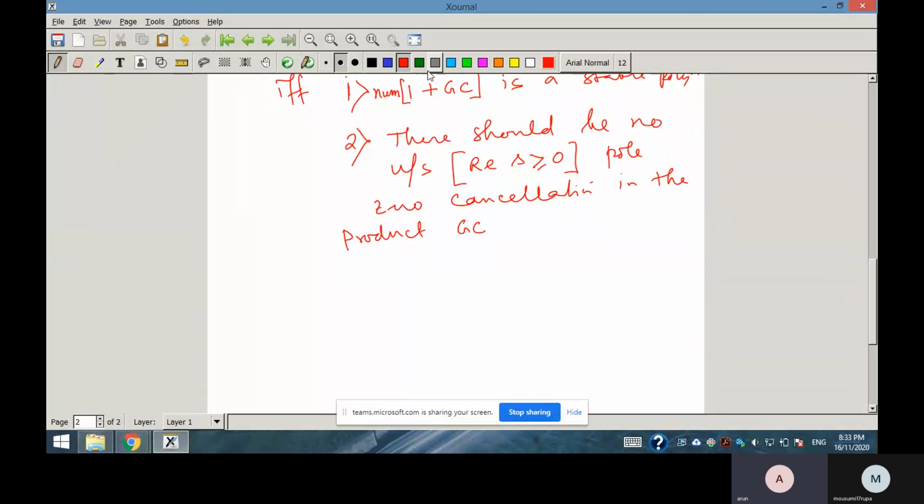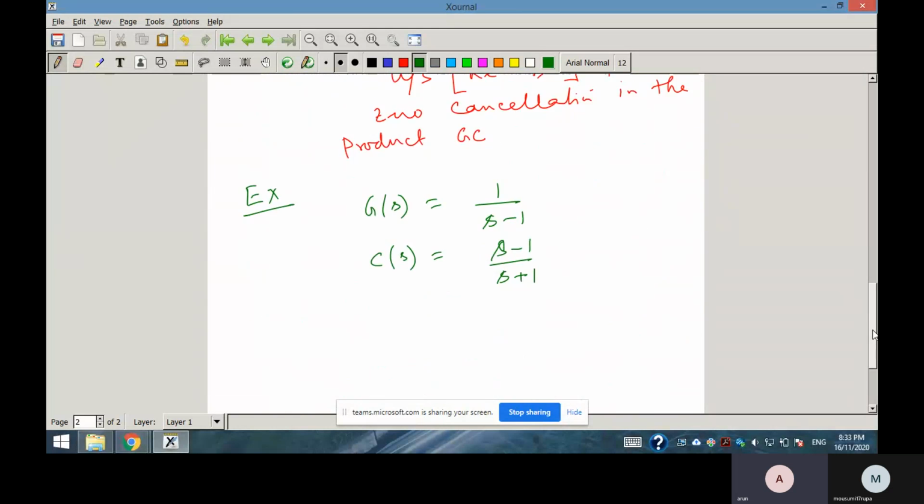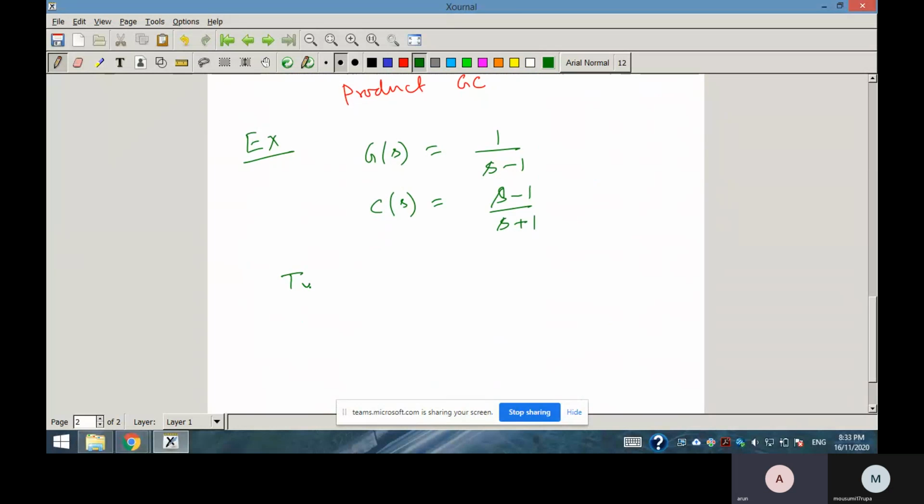For example, on a simple system, suppose G(s) equal to 1 over s minus 1, and C(s) equal to s minus 1 divided by s plus 1. Then what is your Tyr? Tyr is GC by 1 plus GC.